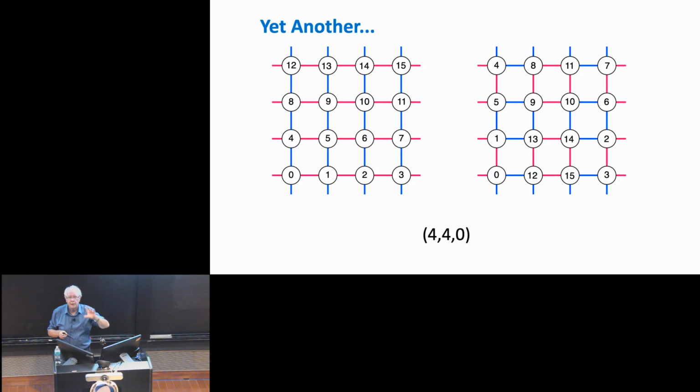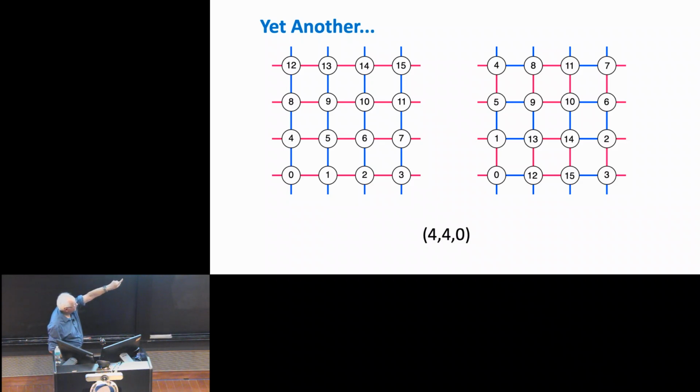The quotient network for that is the edges of a hypercube. May not be obvious here, but there is an extra symmetry you would not expect from the square nature of this picture. So on the left-hand picture, I've got blue lines drawn vertically, red lines drawn horizontally.